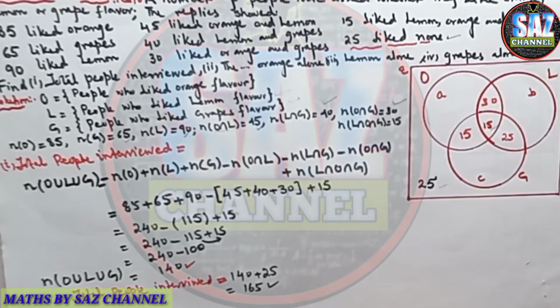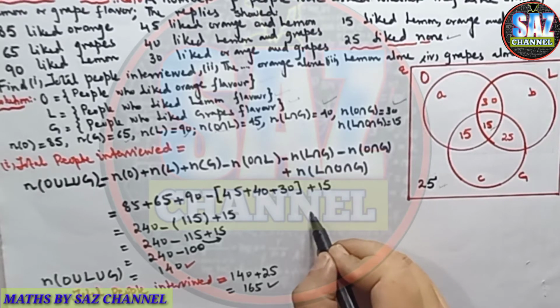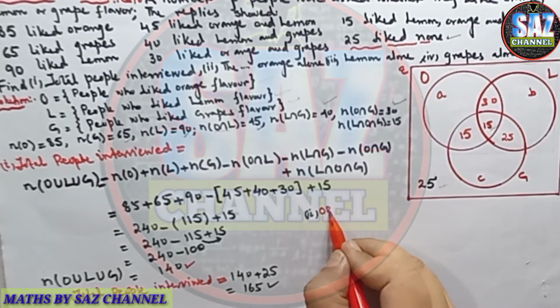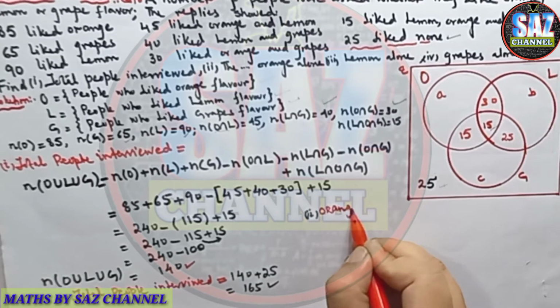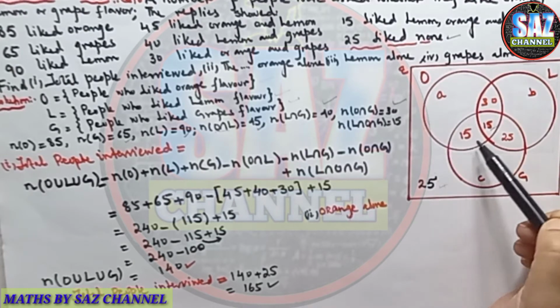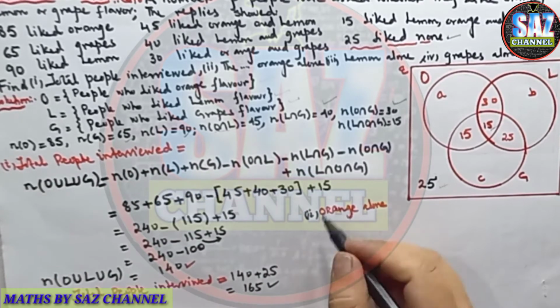Let's move to the second part of the question, that says the number of people who like orange alone and the grapes alone. For the second part, number of people who liked orange alone, we can see this circle is for the orange, and total people showing the liking for the orange is 85.